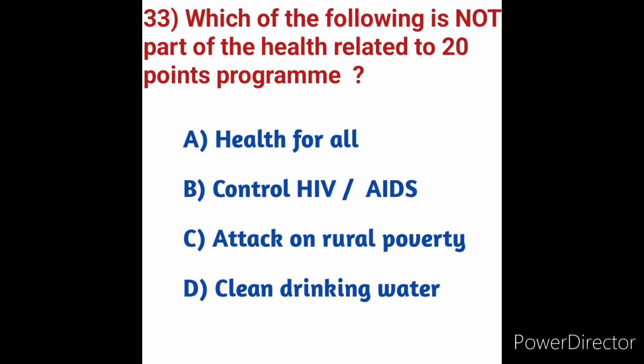Research indicates that staying physically active can help prevent or delay certain diseases, including some cancers, heart disease and diabetes. Here the option not part of the health related 20 points program is option B, control HIV or AIDS. Option B is the correct answer. Next we will move on to question number 34.